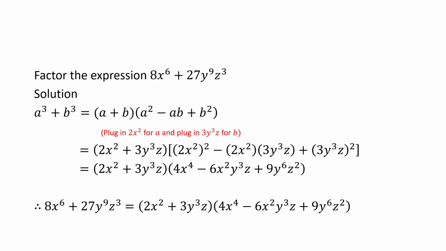The second bracket is 2x squared quantity squared minus 2x squared times 3y cubed z plus 3y cubed z quantity squared. And simplifying that, we get the expression shown where the second factor is 4x to the 4 minus 6x squared y cubed z plus 9y to the 6z squared.